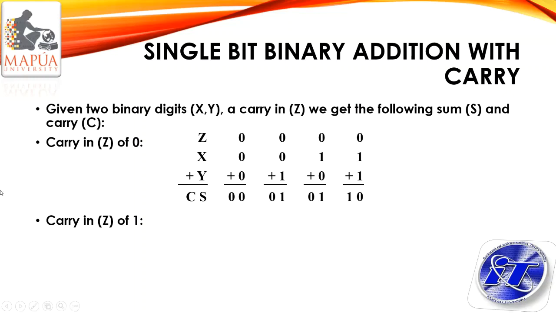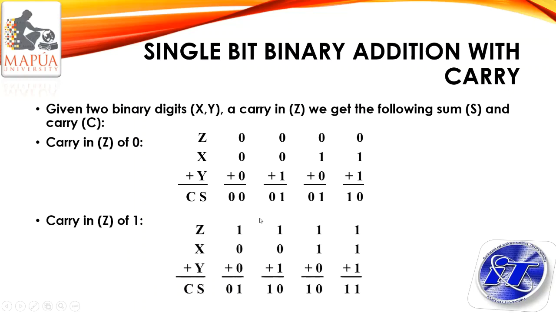So let's consider z equal to 1. So 1 plus 0 is 1, plus 0, 1 carry 0. 1 plus 0 is 1, plus 1, 0 carry 1. While 1 plus 1 is 0 carry 1, plus 0, 0 carry 1.